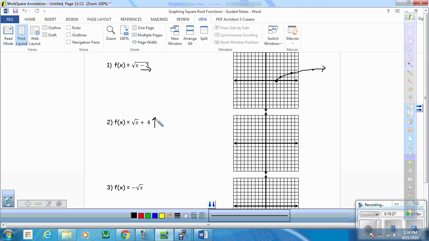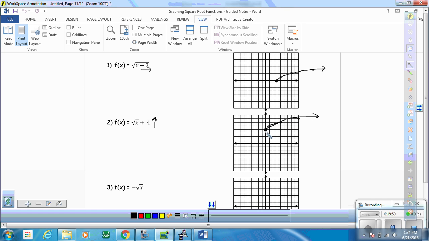This one is getting shifted up 4 spaces. So instead of being at 0, 0, it's going to start up here at 0, 4. My shape is still the same. So up 1 over 1 squared, up 2 over 2 squared, up 3 over 3 squared. And that gives me my half parabola.